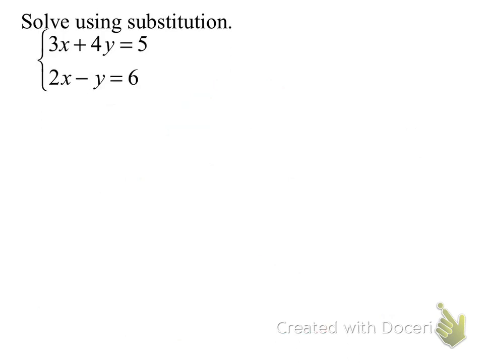All right, let's try another one. Now, there may be a time where neither equation is easy to get a variable alone, so you just pick one and get it alone. Does that make sense? Maybe x and y in both equations have coefficients. Then it's hard to get a variable alone. So you're just going to have to pick any variable, get it alone, and then do the substituting.